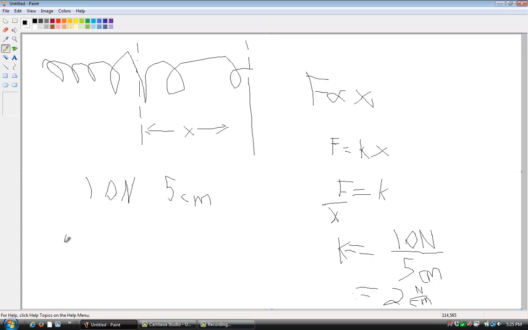Okay. For a 15 newton force, if I'm experiencing a 15 newton force from the spring, how far have I displaced the spring? Well, in that case, we still have this equation in charge, okay? F equals kx.